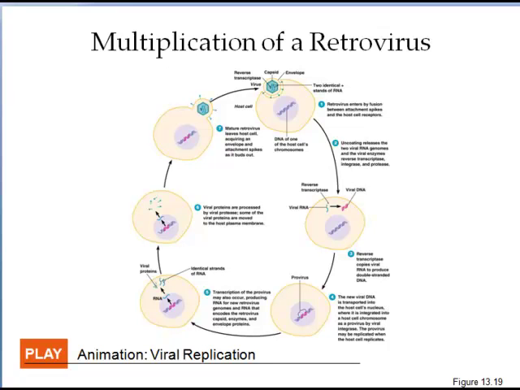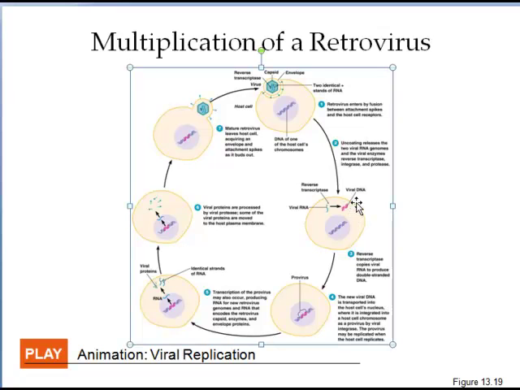What happens is that HIV, the AIDS virus, is a retrovirus that enters the host cells and makes its viral DNA, and this viral DNA becomes a part of the host cell.